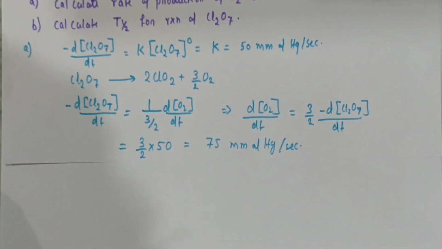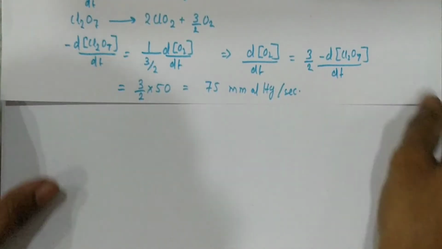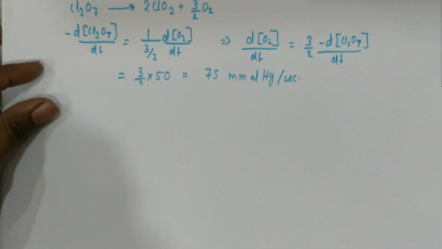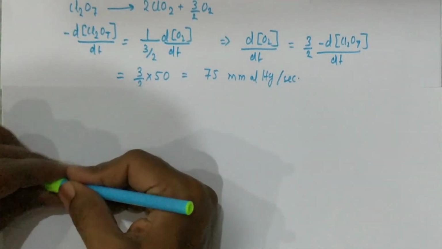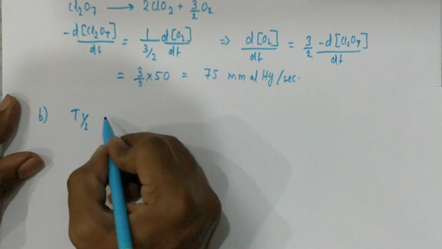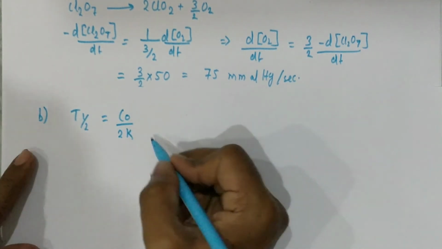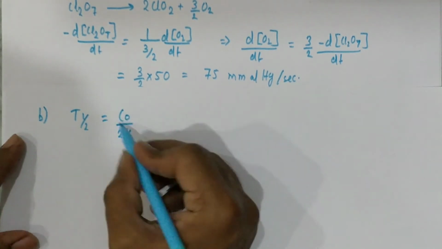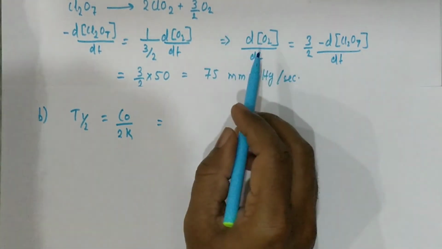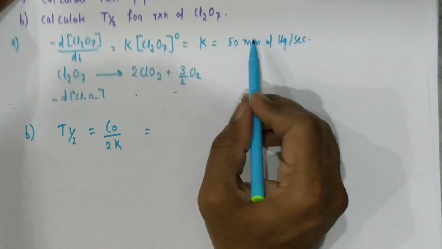Now second part is calculate the T half of the reaction. So to find T half of the reaction, we can just write the formula. T half is equal to C naught upon 2K, the initial concentration upon 2K. So in the question itself, the C naught was given. It was 600 mm of Hg.